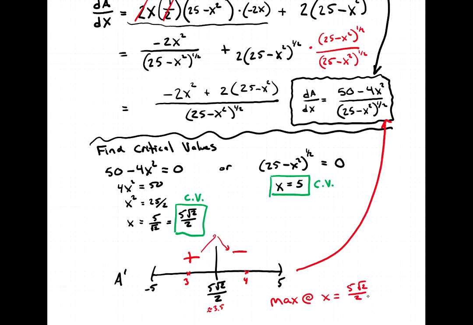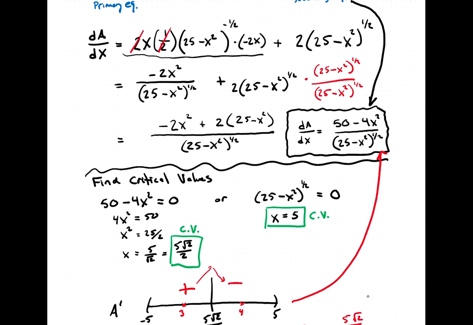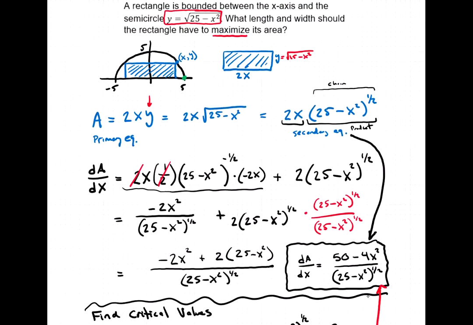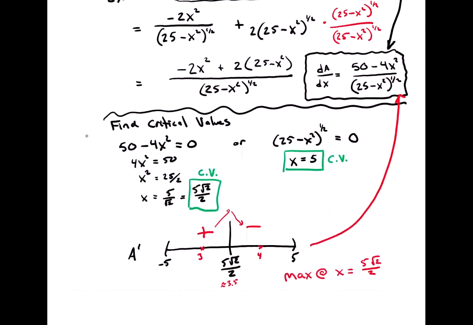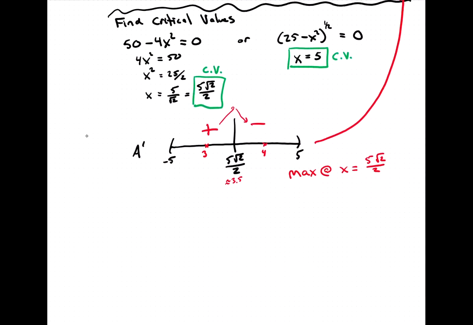All right, so going back to our primary equation, we're maximizing the area, so we need the x value and the y value. So the x value is 5 root 2 over 2.